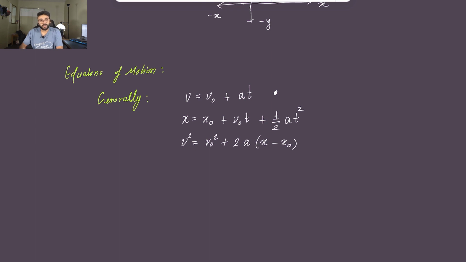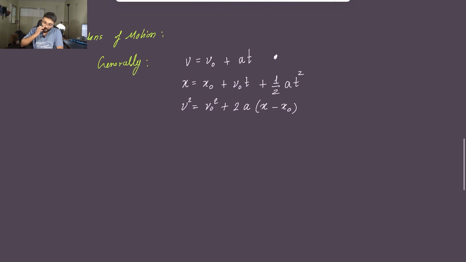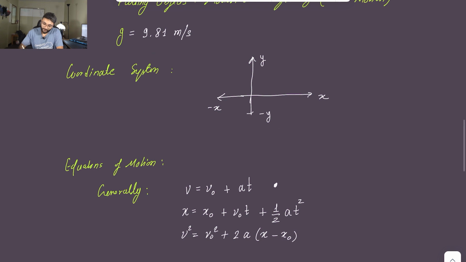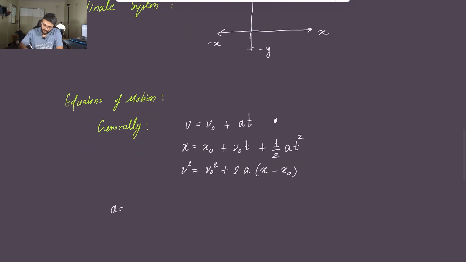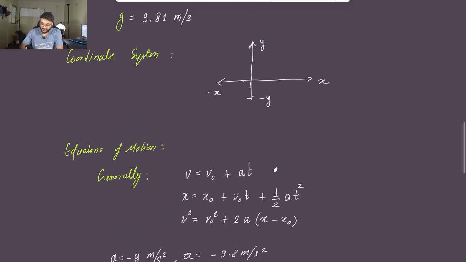Now what happens in one-dimensional freely falling objects is that instead of acceleration a, you have acceleration equal to minus g meters per second square, or acceleration equal to minus 9.8 meter per second square. That is because of our coordinate system.